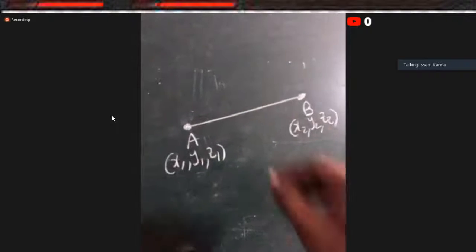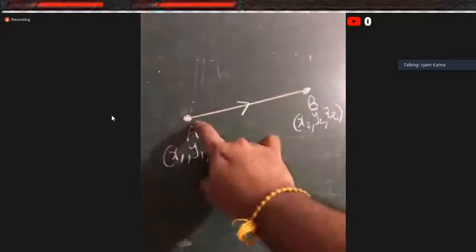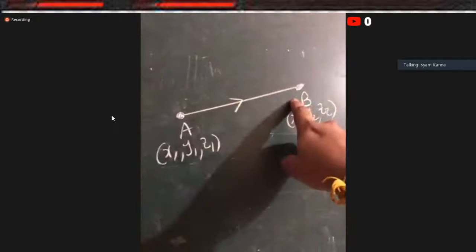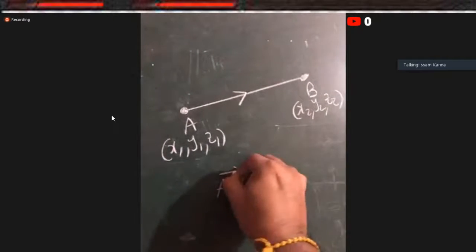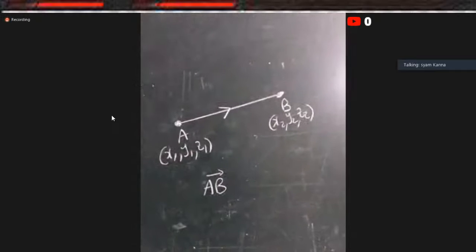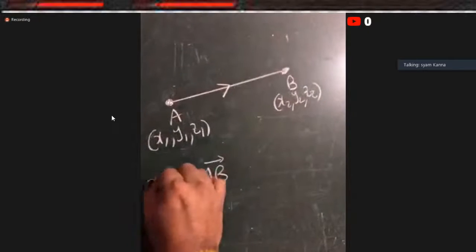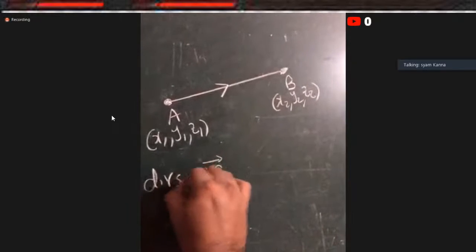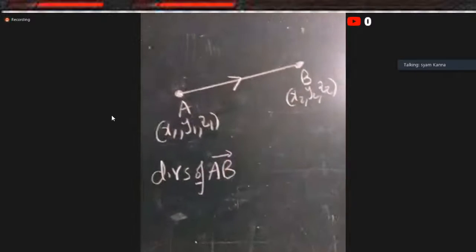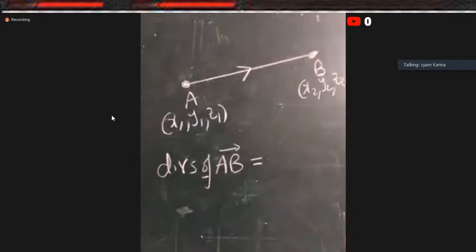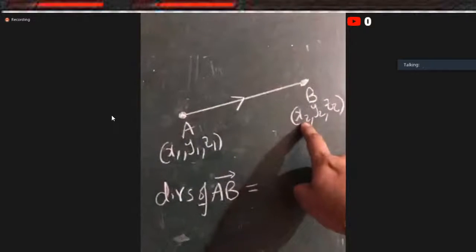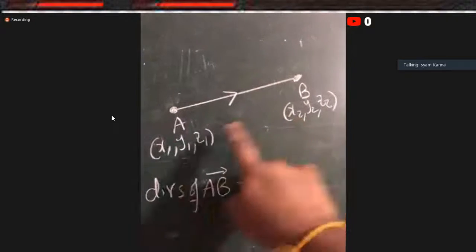If I join from A to B, this is the initial point and this is the terminal point. Then you will get AB bar. This is a vector, AB bar. What are the direction ratios of AB bar? The formula is final minus initial.